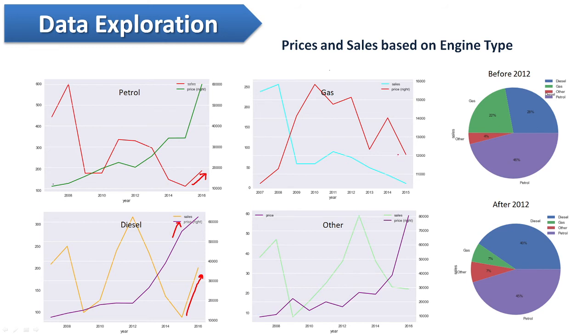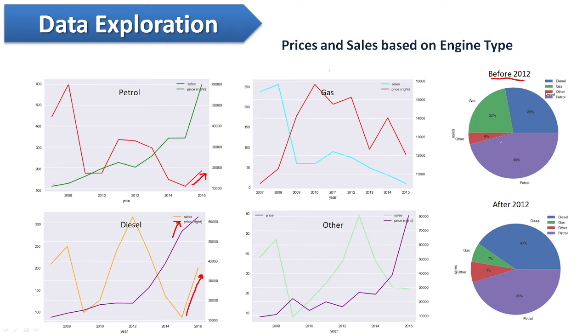The final line chart talks about the other types, whether it could be hybrid or electric vehicles. Despite the high prices, they are consistently maintaining their sales over a period of time. We're also looking at the sales of these cars before 2012 and after 2012.